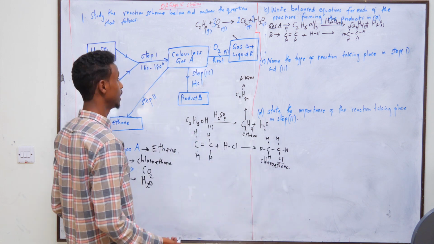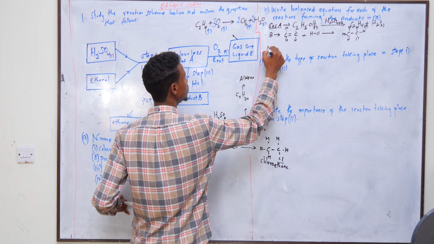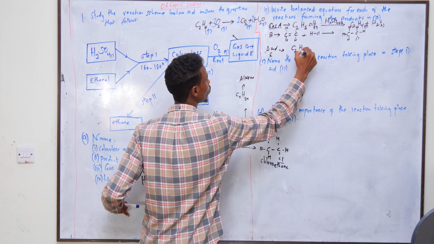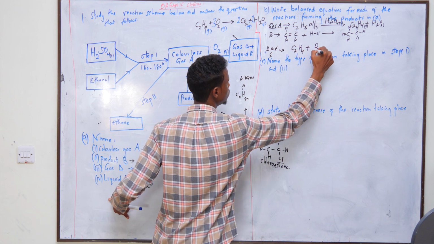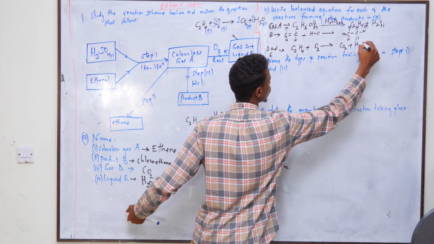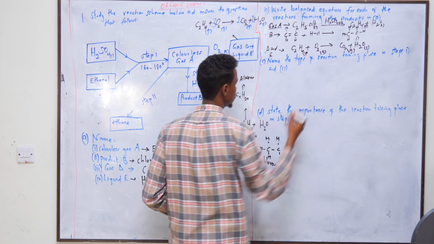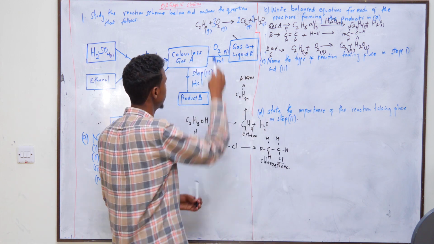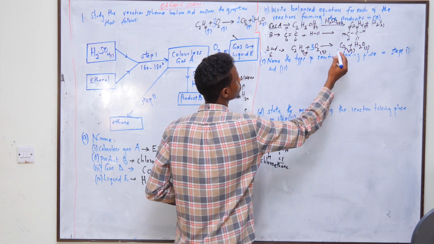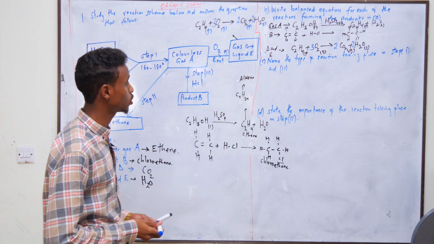And lastly, gas D and liquid E. These are very simple: C2H4 plus oxygen gas to form CO2 plus water. On balancing, we have already done this here. We're just doing a quick review of it: 3, 2, 2. And that is the balanced chemical equation.